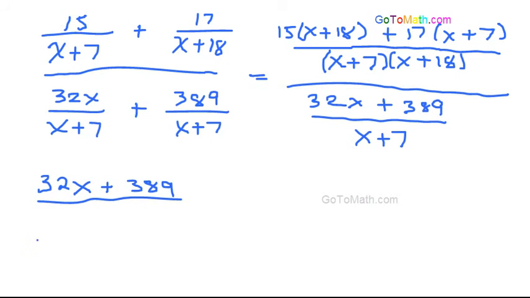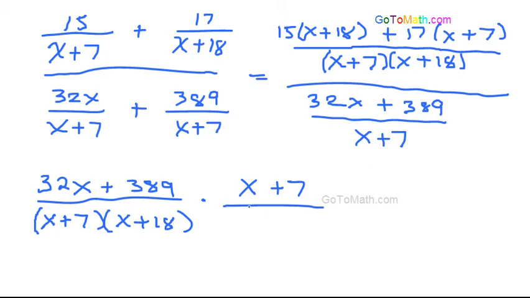Great. So we end up with x plus 7 times x plus 18. And now what are we doing? We're doing multiplication here times x plus 7 over 32x plus 389.